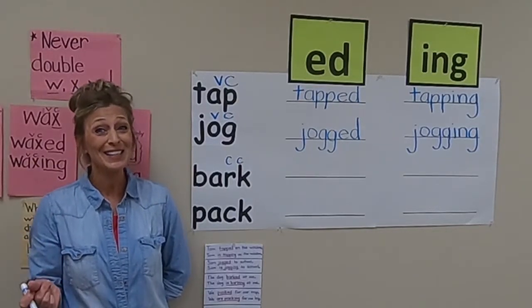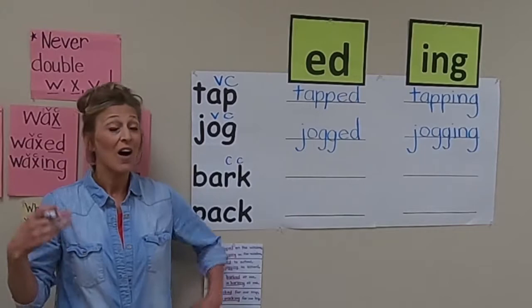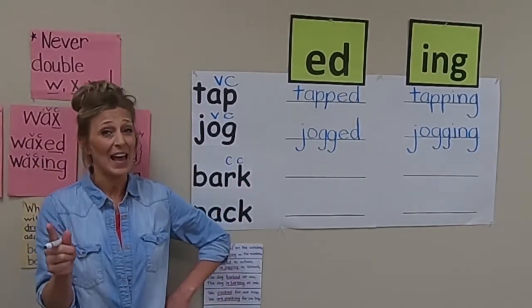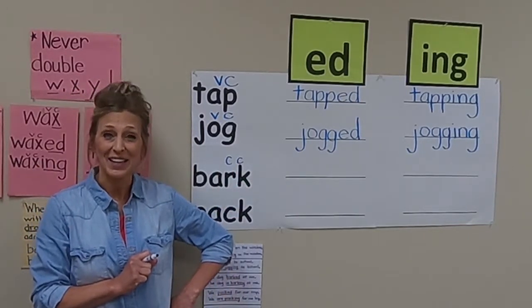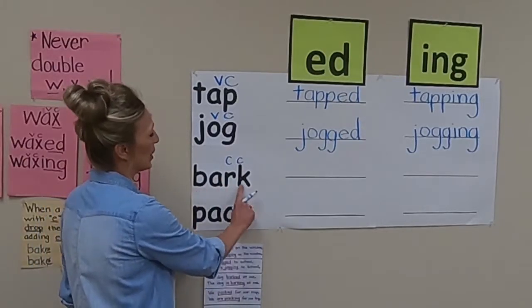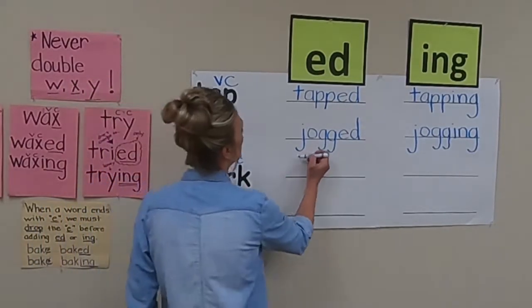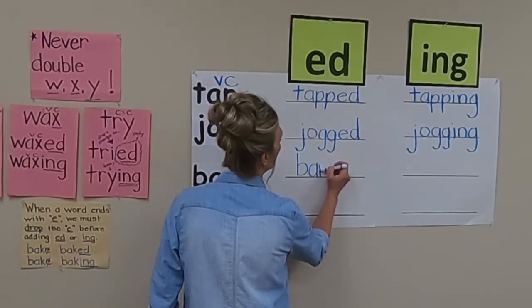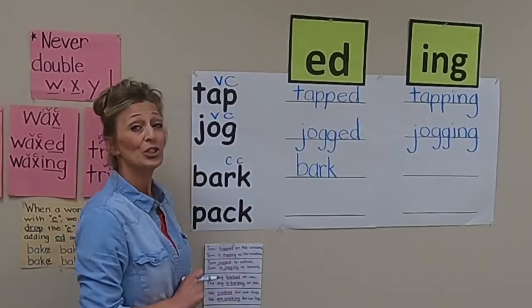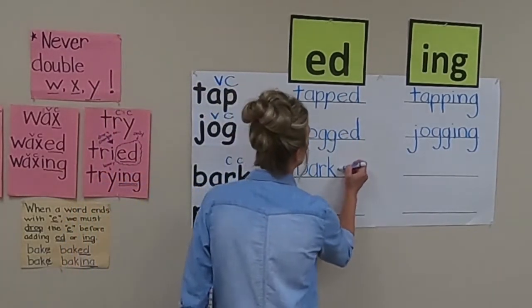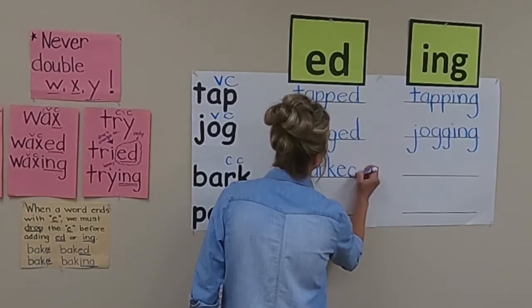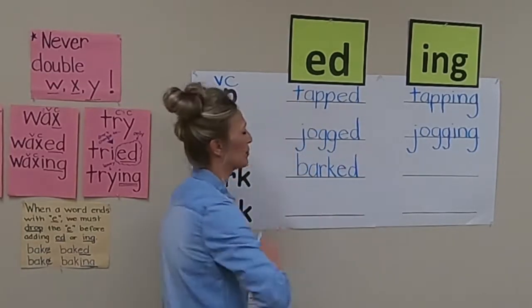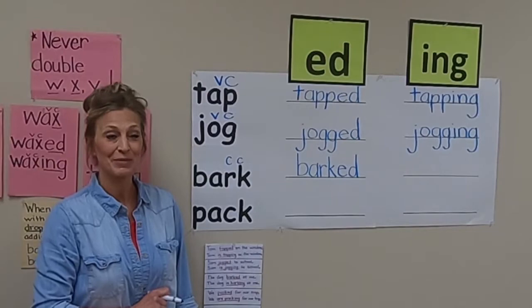When a word ends with a CC, all you have to do is just add ED or ING. So I'm going to write my root word, bark. And then I'm just going to add the ED. And now my new word is barked.